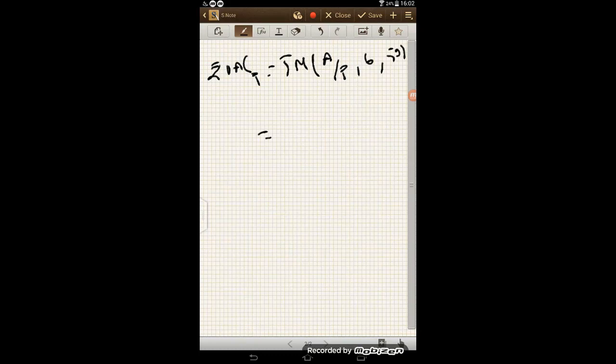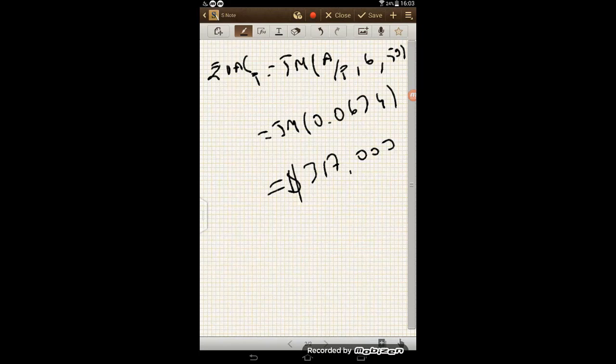Let's check our table. 6% for A over P, 50 years. The coefficient is 0.0634. 5 million multiplied by 0.0634 is around $317,000.